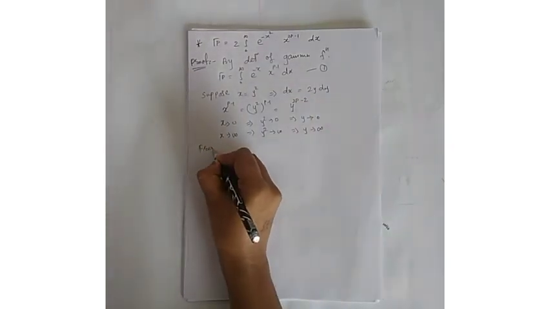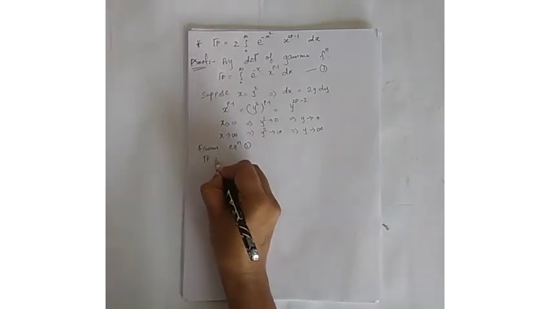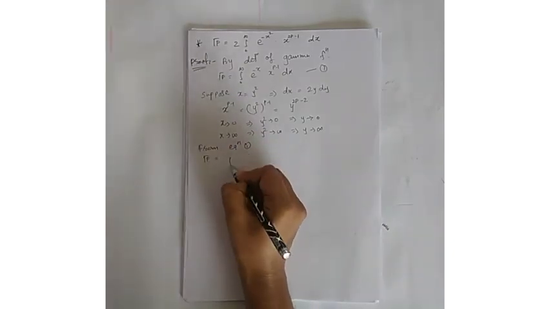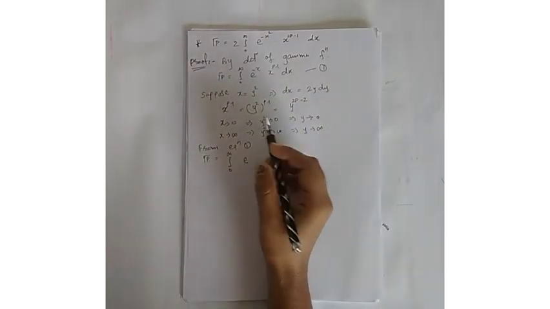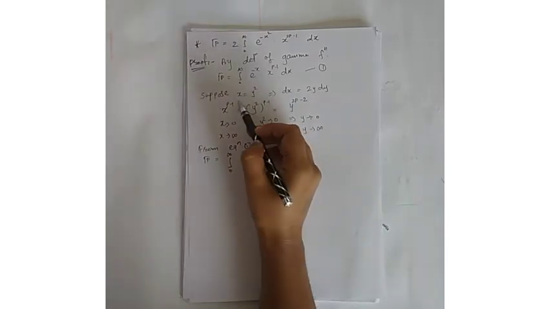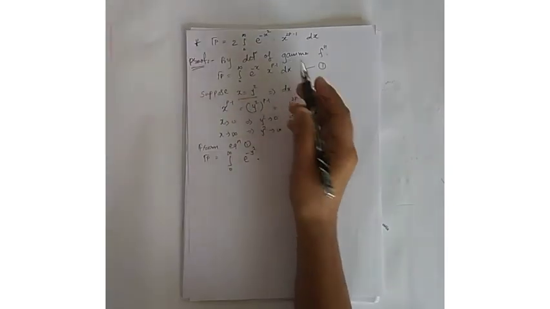So from equation number 1, gamma p is equal to integration with limit 0 to infinity e raised to minus x, so e raised to minus y square into x raised to p minus 1.